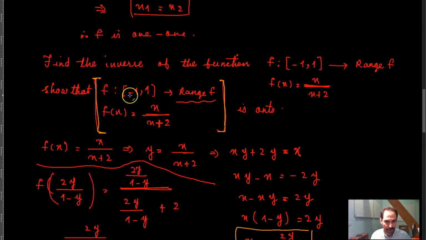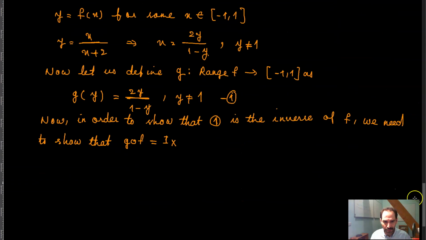We have called that x, or I of x, meaning that whichever one of these elements you give to this function g of f, it will give you the same element. That is the identity function on the domain of f.